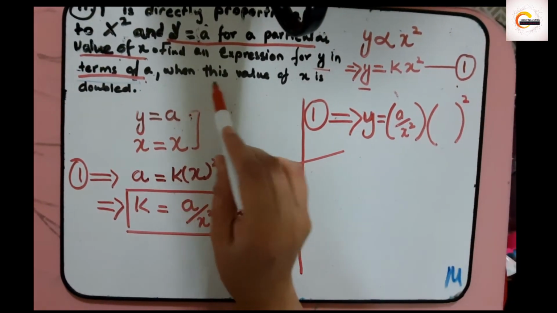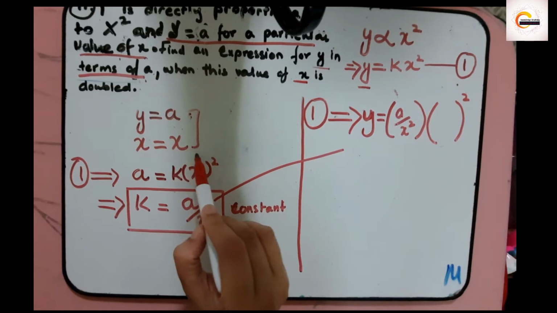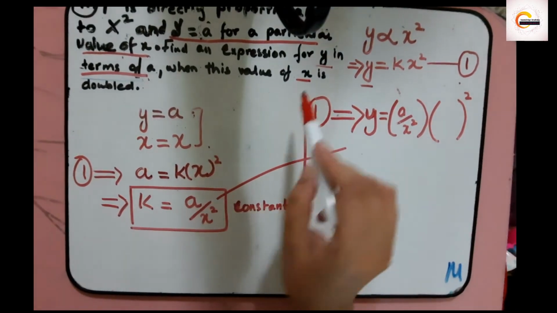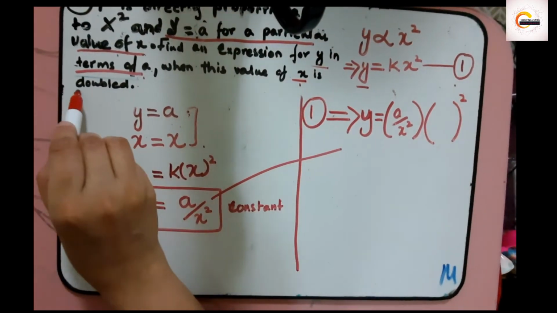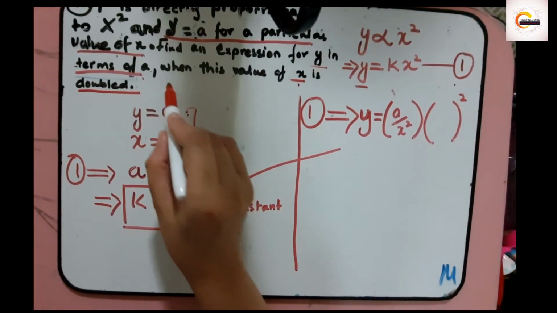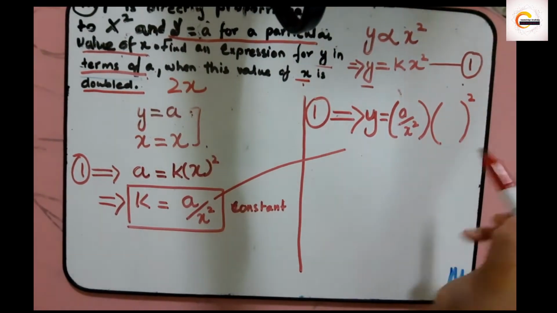It says when this value of x, initially the value of x was x, now this value of x is doubled. Double means 2x.